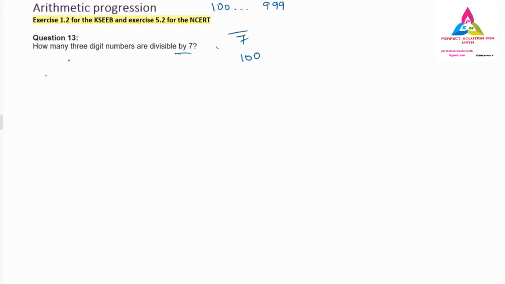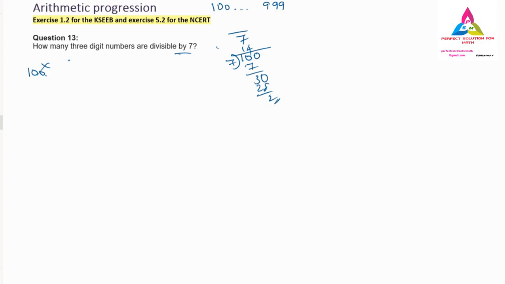If you take the first term of the AP as 100, then it is wrong. Why? Because 100 is not divisible by 7. You can try this: 100 divided by 7. 7 ones are 7, but 3 remains, 0 comes down. 7 fours are 28, so 2 is remaining.